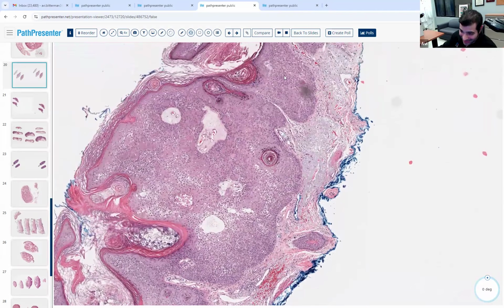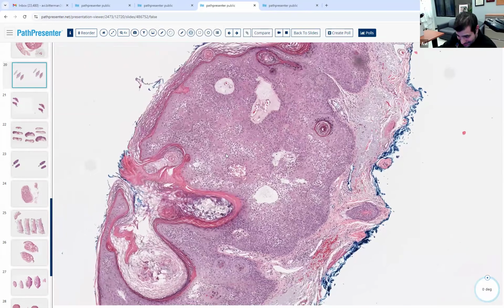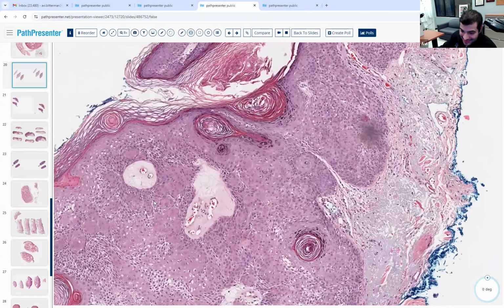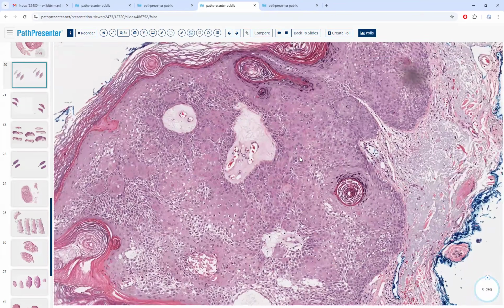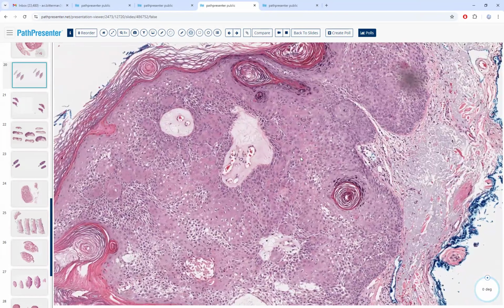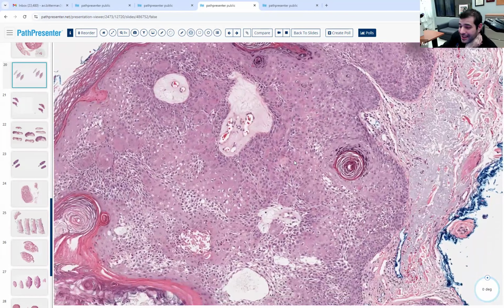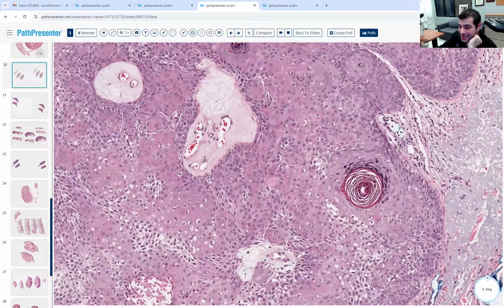All right. So solar elastosis, but there's the neoplasm here. It's displaying endophytic growth. Maybe it's squamous eddies. Yeah, squamous eddies. That's exactly what these are.